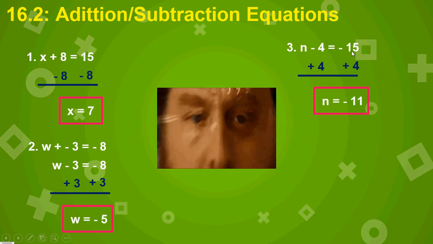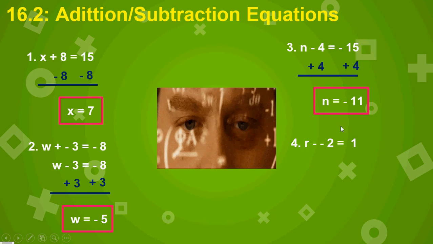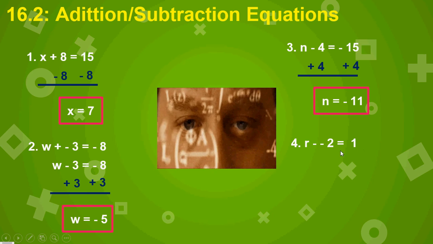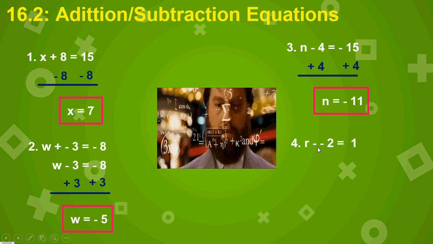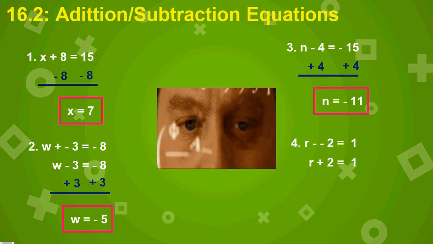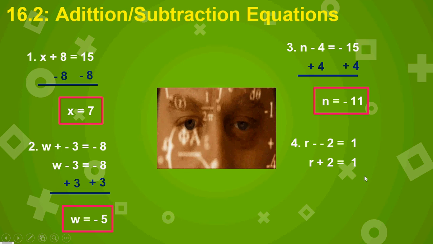que está solo. ¿Verdad? And the last one for this lesson is R minus 2 equals to 1. What happens when I have two negative signs next to each other? They convert into a plus. So in this case is r plus 2 equals to 1.